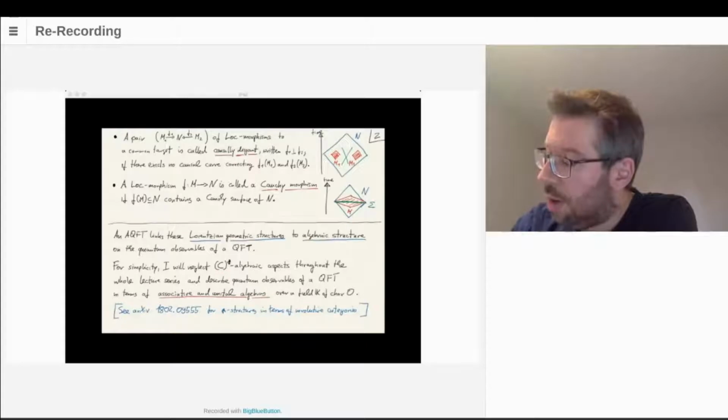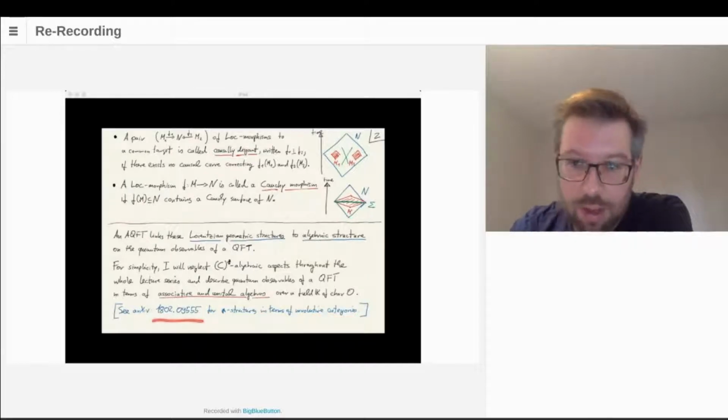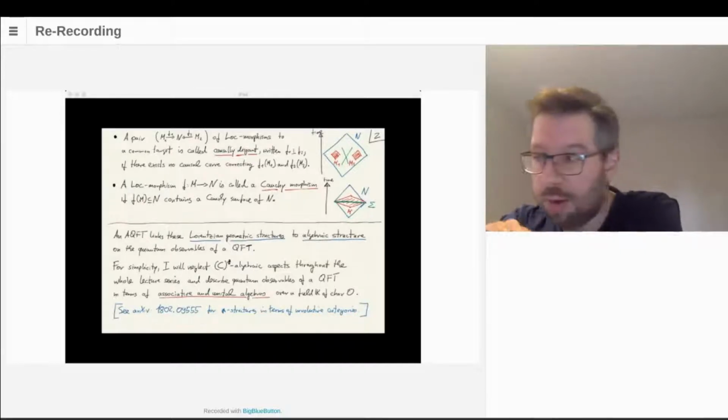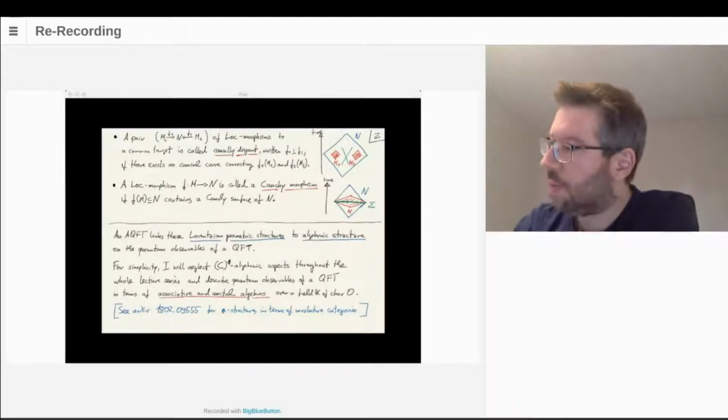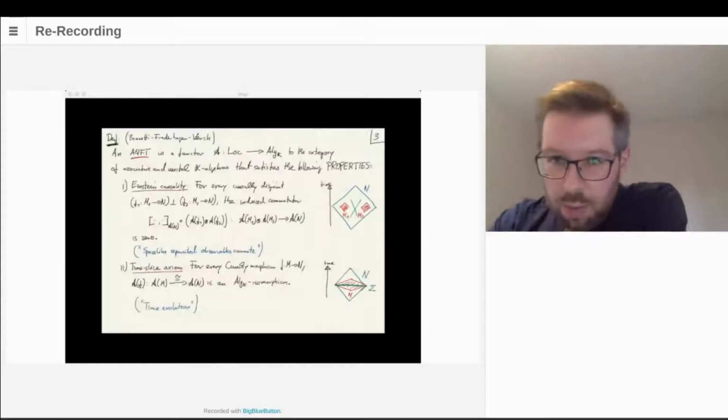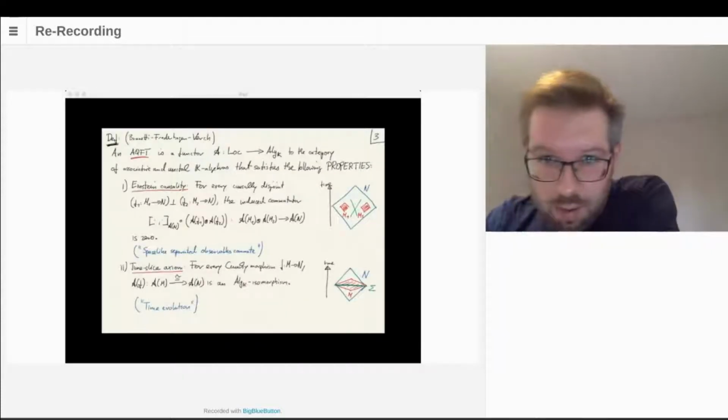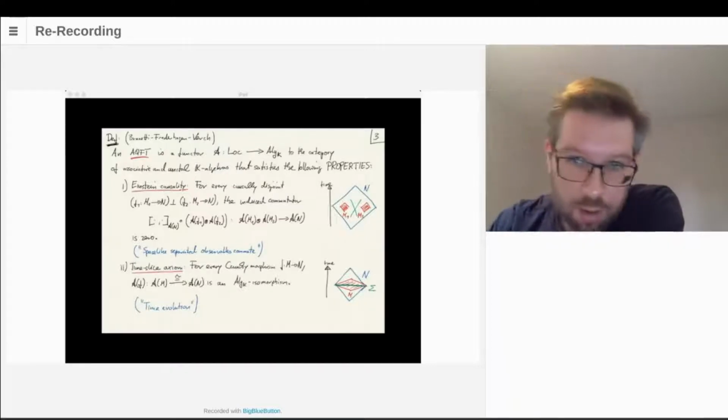And in order to include those, one can work with so-called involutive categories. And I refer you here to this paper we wrote where we explain how to use involutive categories to do what I tell you today, also in a framework where you have star involutions present. So after these preliminaries, I can now state the definition of what an AQFT is.